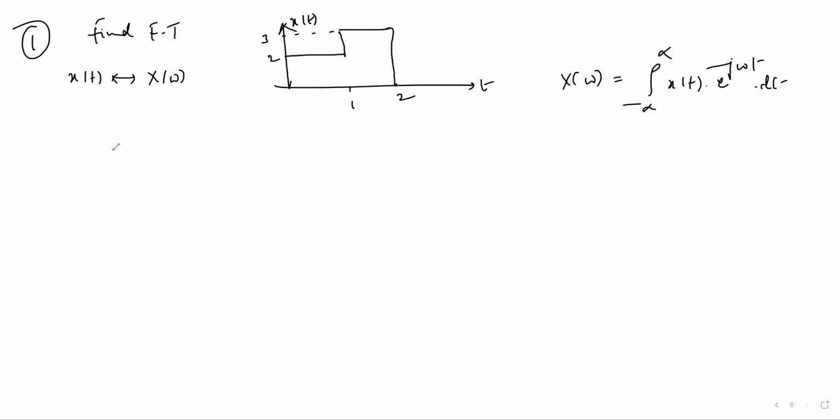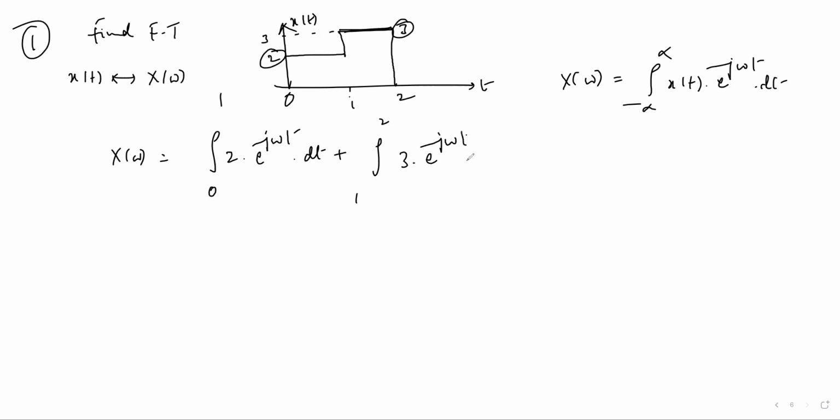Here, x of omega is the integral from 0 to 1, with amplitude 2, e to the power of minus j omega t dt. Whereas from 1 to 2, with amplitude 3, e to the power of minus j omega t dt.